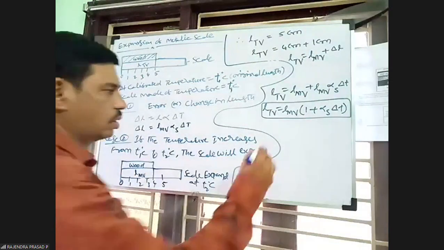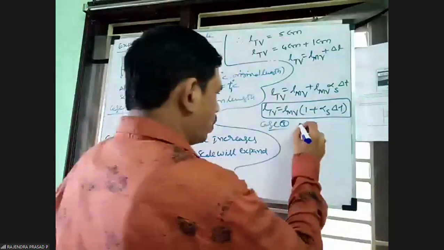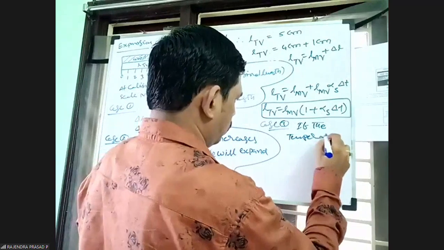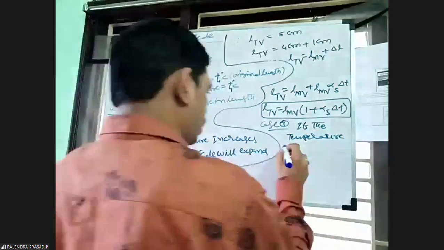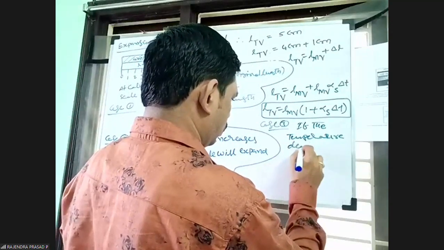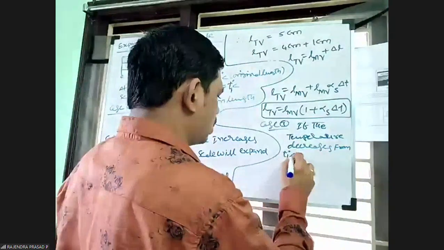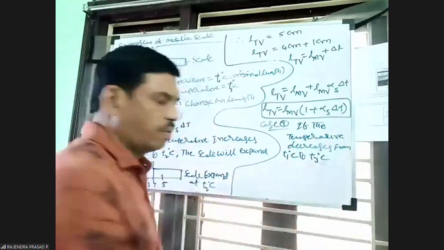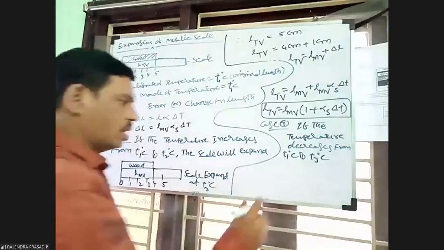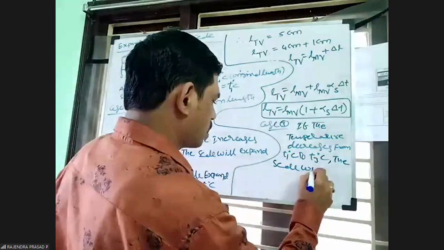Case number 3. If the temperature decreases, from T1 degree C to T3 degree C, the scale will contract.